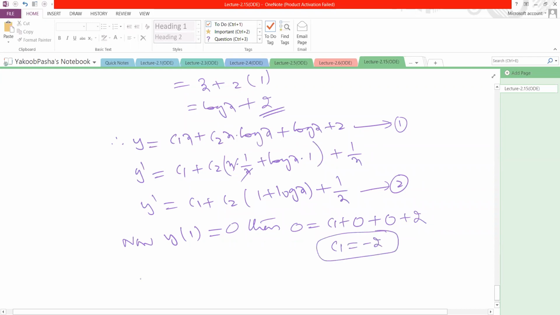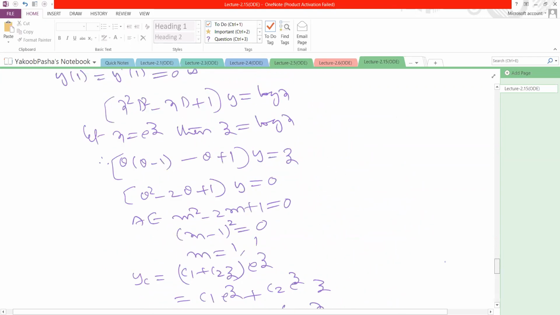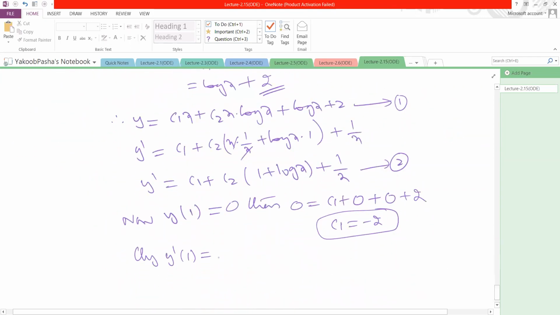And apply the second boundary condition. y dash of 1 is equal to 0. So substitute here.